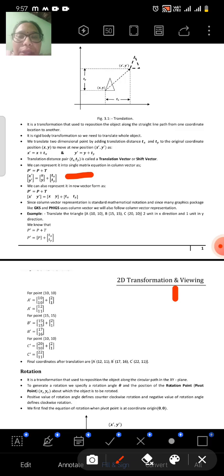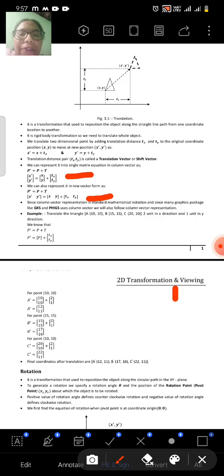We can also represent this in a row vector. The previous one was a column vector and the second one is a row vector. In row vector form, p dash equal to p plus t, so x dash y dash equal to x y plus tx ty.